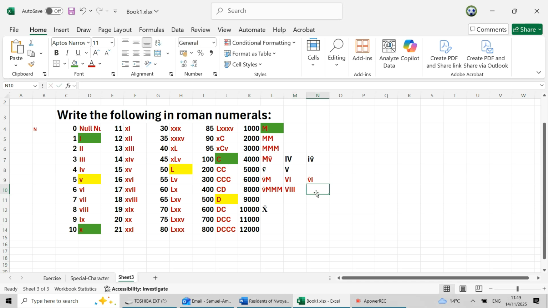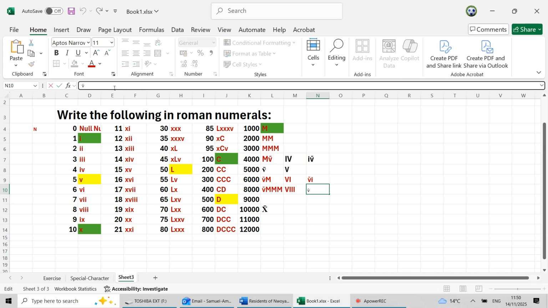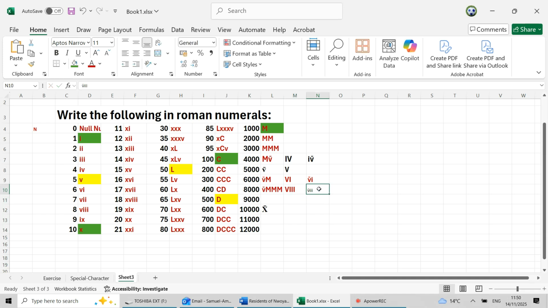Or you can write small v triple I bar, triple small i bar, which will also give you 8,000. Remember this small v i bar: this bar serves for all of them. It's not only for v, but for all of them.